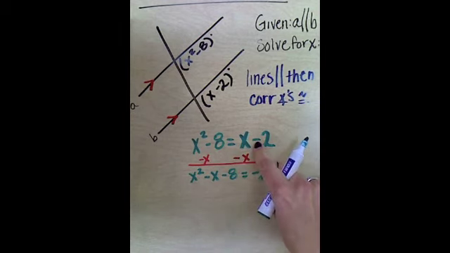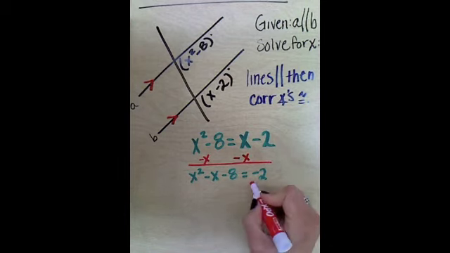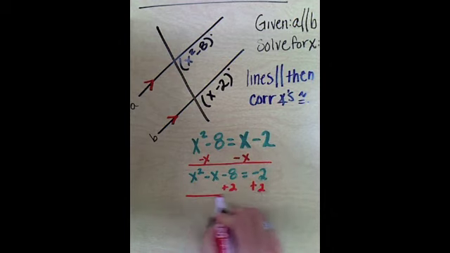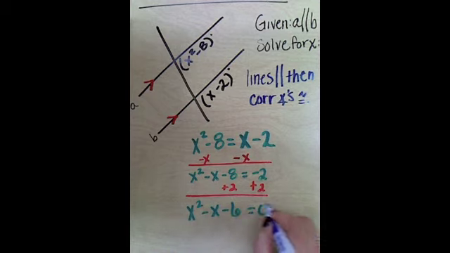Negative 2 because that was a minus, so I'm not going to forget to bring it down. Now we have to bring the 2 over, so because it was negative, we're going to add 2 to both sides. Now I did this in a couple steps so that you can see why we're moving everything back. And we're left with x squared minus x minus 6 equals 0.